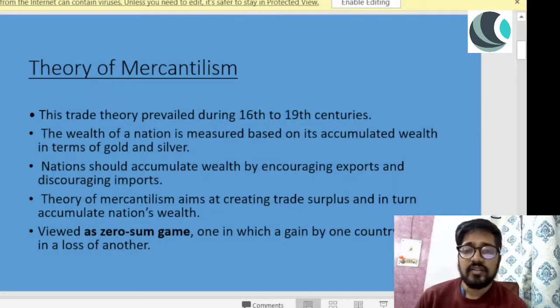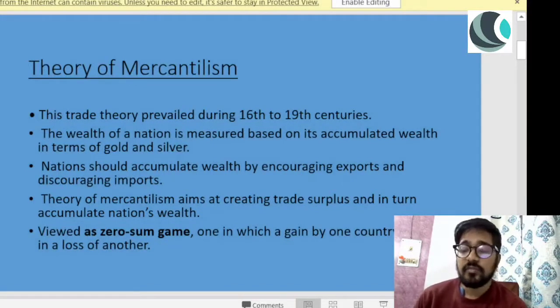The theory of mercantilism aims at creating trade surplus and in turn accumulates national wealth. So basically, when you export more, you will create more wealth. In comparison, if you do fewer imports, you will create wealth. That's what basically this theory means. Now, next up, this is where you will get a question.